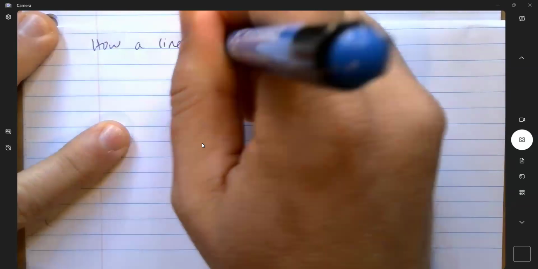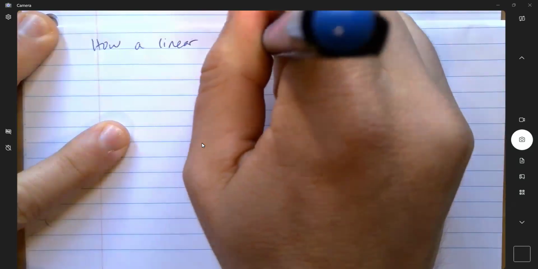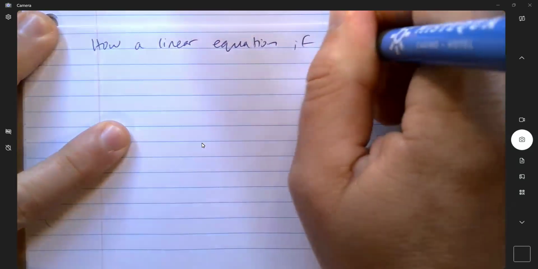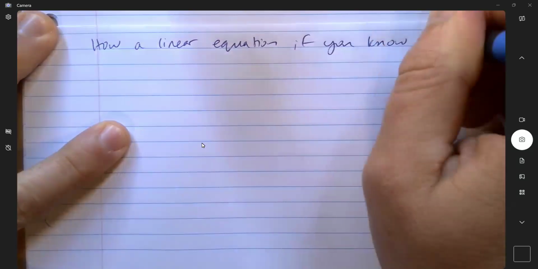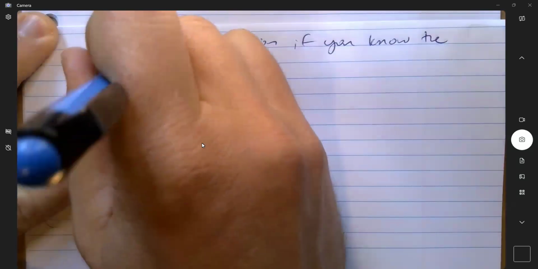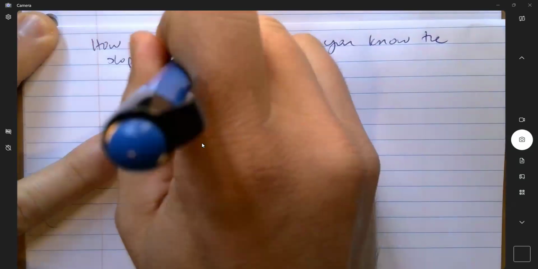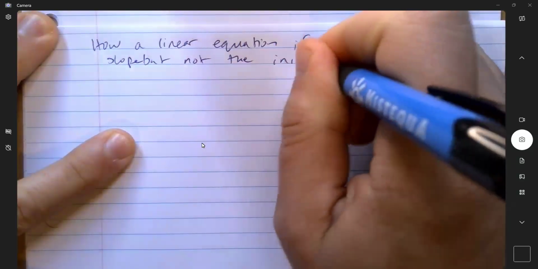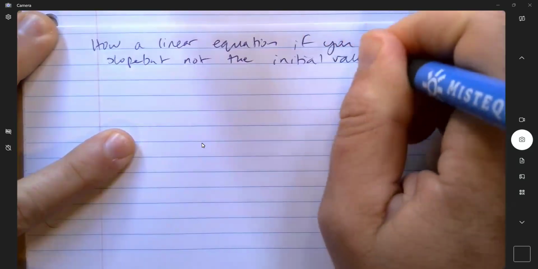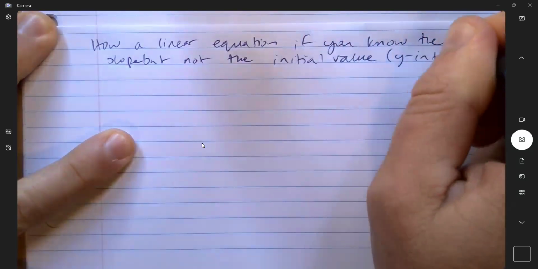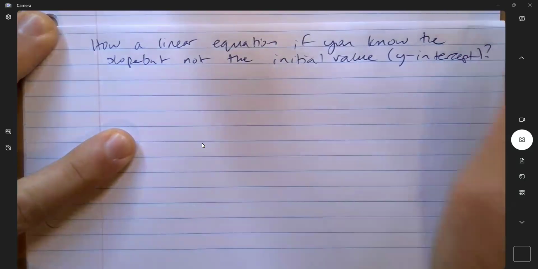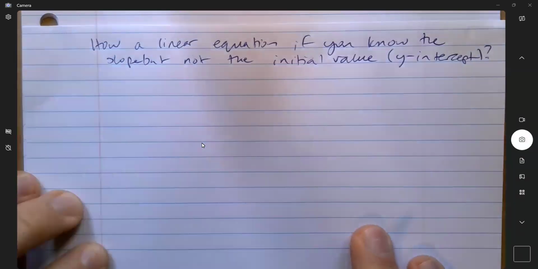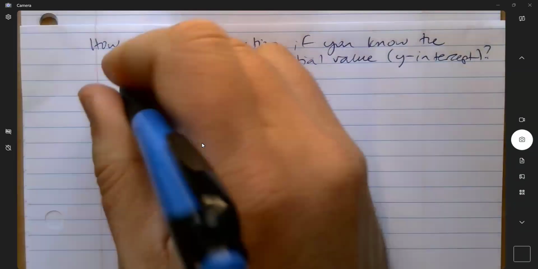So how do you graph a linear equation if you know the slope, but not the initial value, not the y-intercept? Let's do an example.